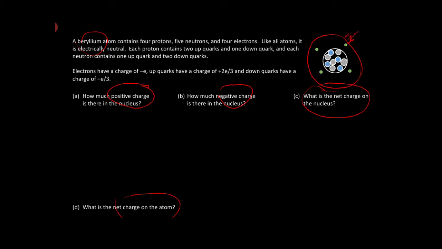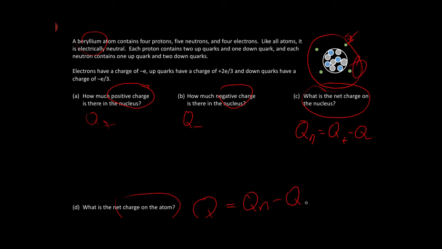Let's call this Q plus. Then I'll find a Q minus. Then I'll find Q for the nucleus, which will be Q plus minus Q minus, or plus Q minus. And then I'll find the total charge on the atom, which will be Qn minus the charge on the electrons, the nucleus minus the electrons. All right, so that's more or less the plan of attack.